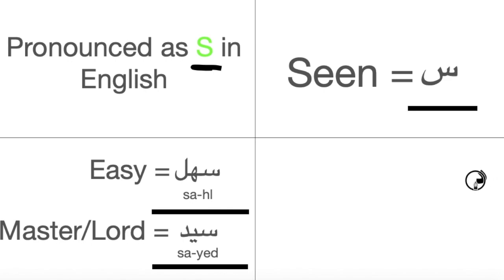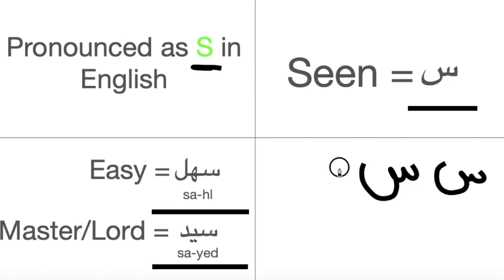How we write seen? If you are good in drawing, you will love to write seen because it has a lot of curves. That's how we write seen. Like one curve, two curves, then the third curve is bigger.